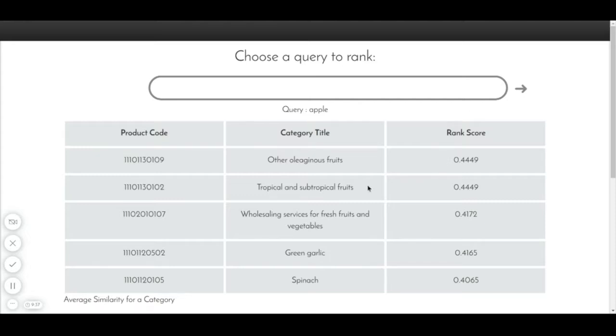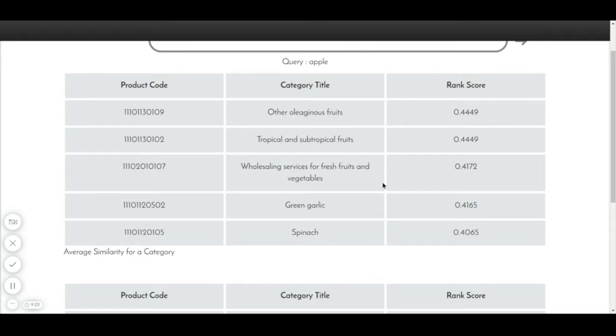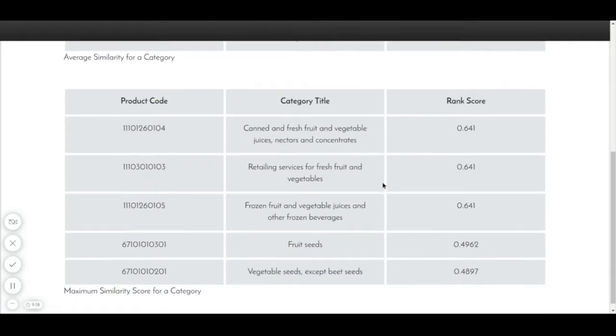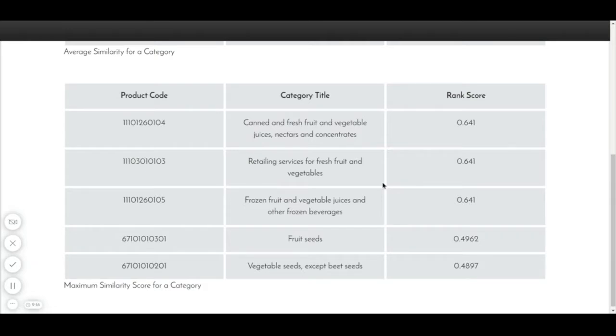If you look at it, most of these categories look like they are related to fruits or something to eat. I think this one would probably be the best category for the query. This is what we get from the first ranking method, whereas from the second ranking method, these are the categories that you get.